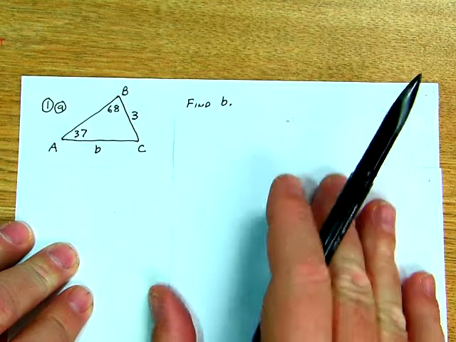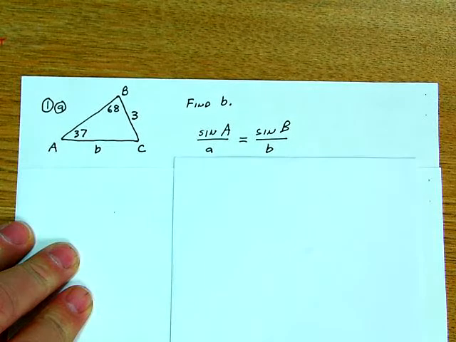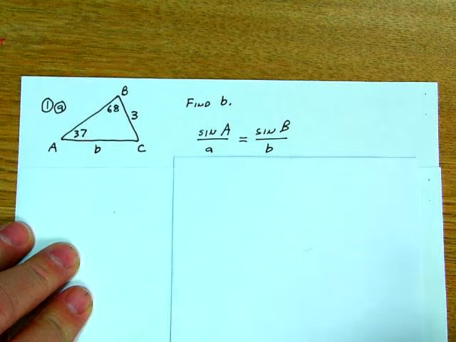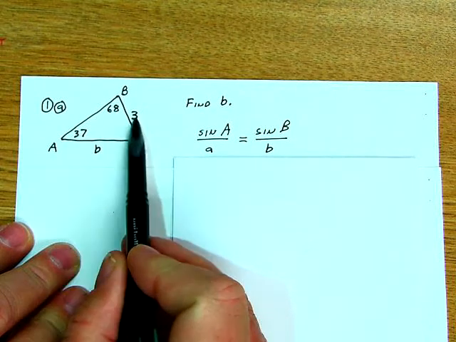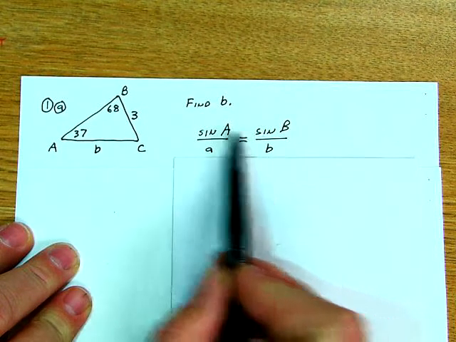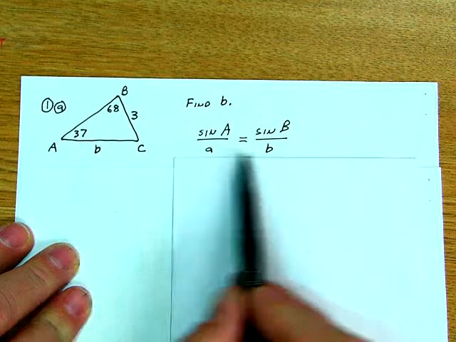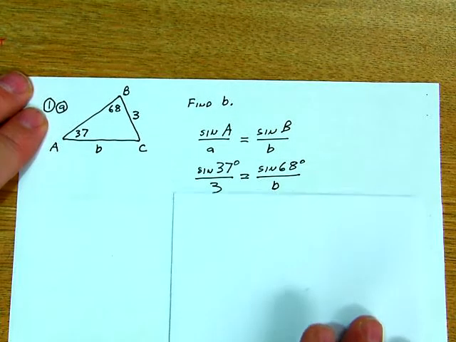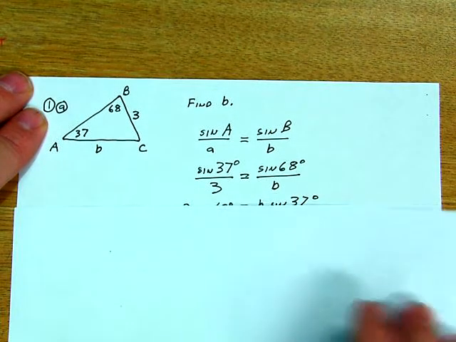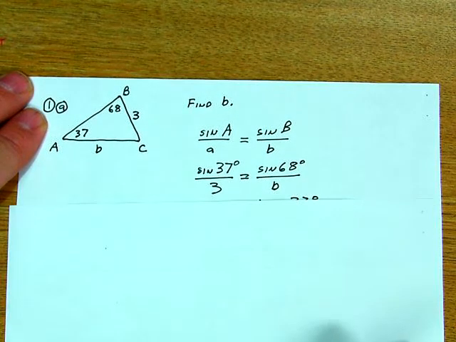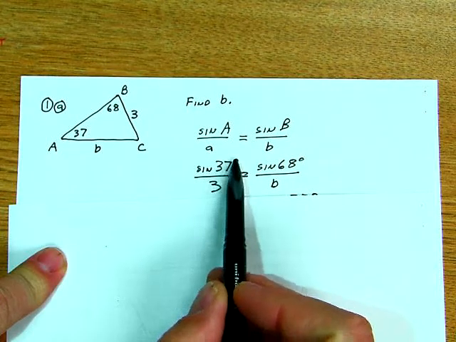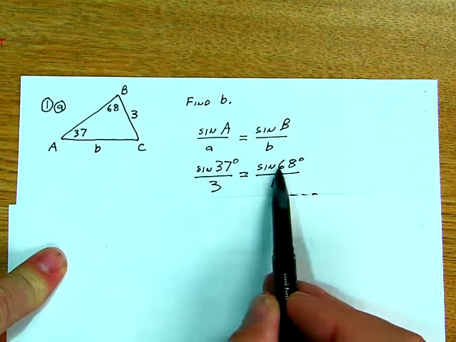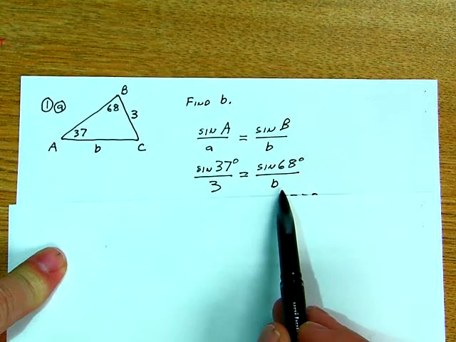Well, first thing we notice is that this is not a right triangle, so we can set up the law of sines. The sine of A over a is equal to the sine of B over b. We're looking for b, so when I substitute that in, I end up with a pretty easy substitution: sine of 37 degrees over 3 is equal to the sine of 68 degrees over b.